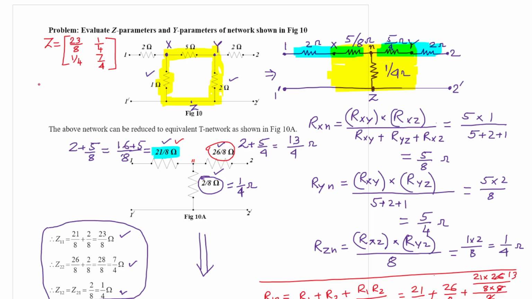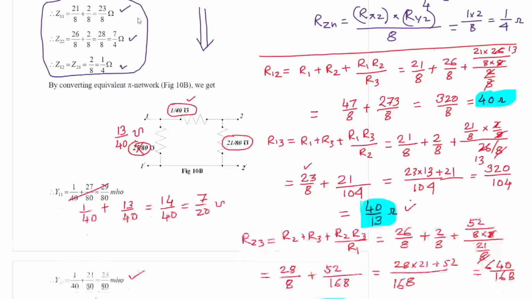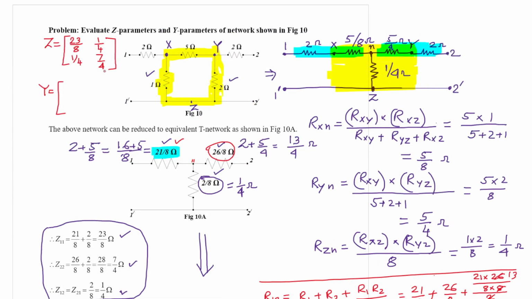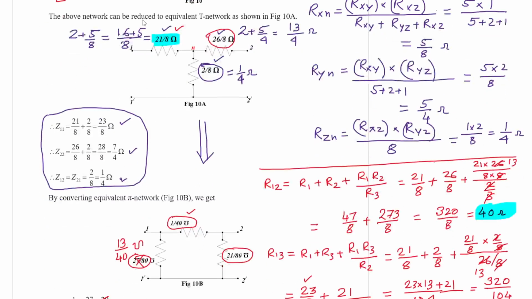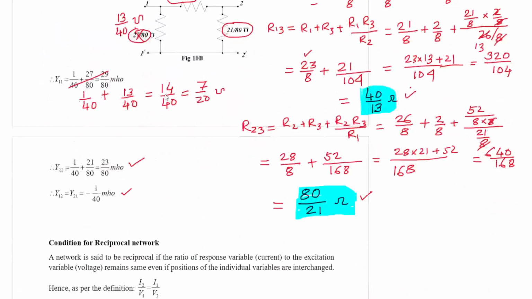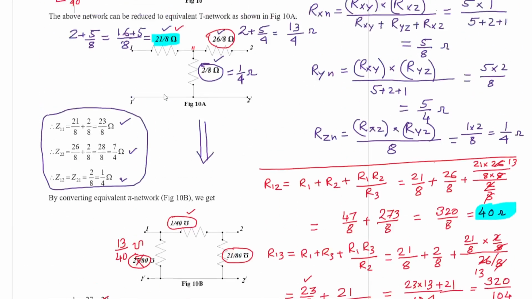And for the same network, if Y parameters are represented, Y11 will be 7 by 20, Y12 and Y21 will be the same, that is minus 1 by 40, both Y12 and Y21, and Y22 will be 23 by 80.